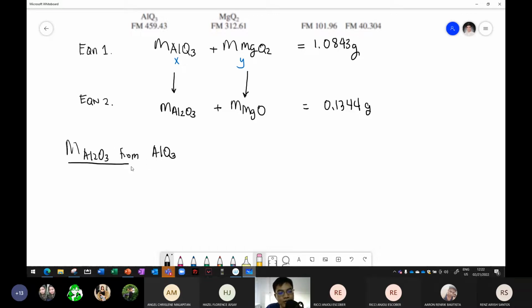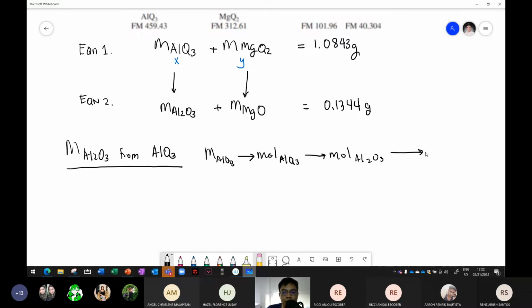So ano yung stoic equation natin? Yung process, no? So have your mass AlQ3, convert it into mole AlQ3, then yung mole ng AlQ3 gawin mong mole ng Al2O3, and then yung mole, gawin mong mass Al2O3.